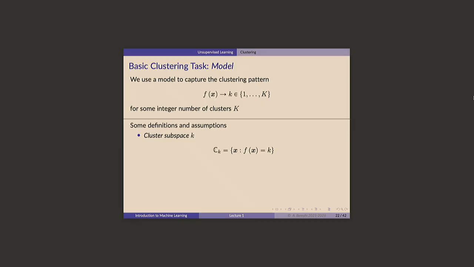The cluster subspace is the set of the points which belong to the same cluster. Clear? Now, if you take the union of all of these clusters, you just combine all of them, this is obviously the whole space that you have, right? Because any point belongs to one of the clusters.